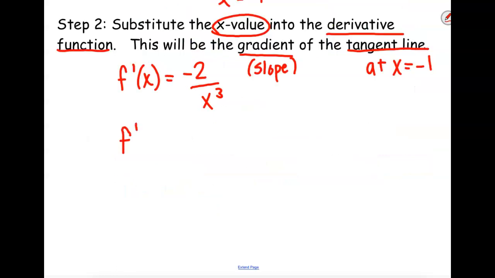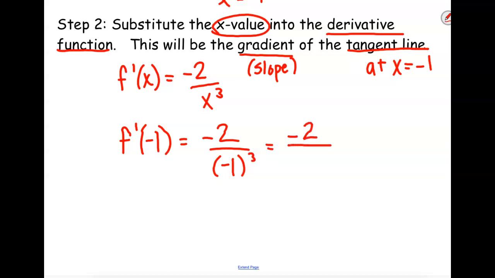So f dash of -1, we're going to substitute -1 in for x, and then simplify it. So the numerator will stay as -2. The denominator is -1 times -1 times -1, which is -1. Divide those. -2 divided by -1 is 2.